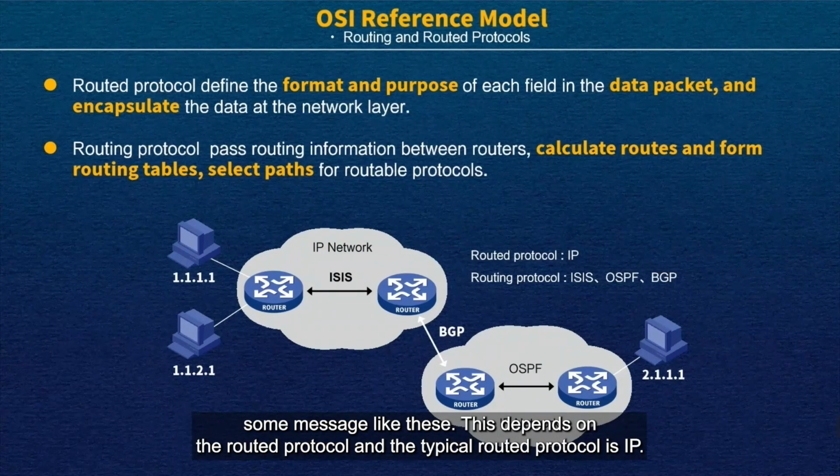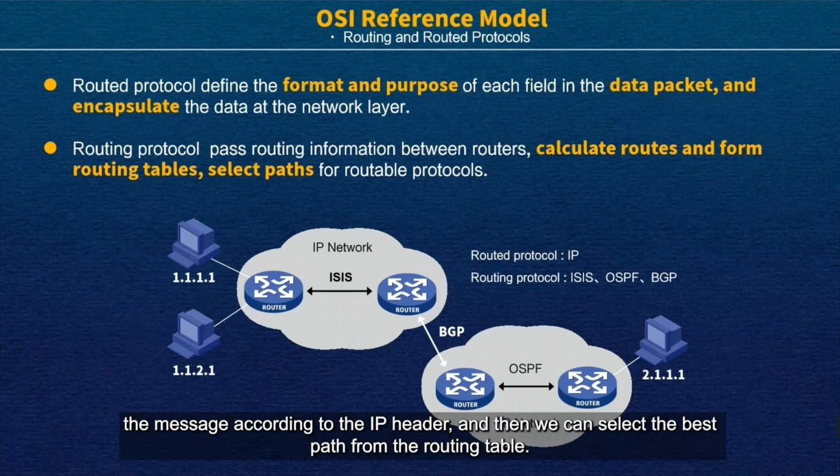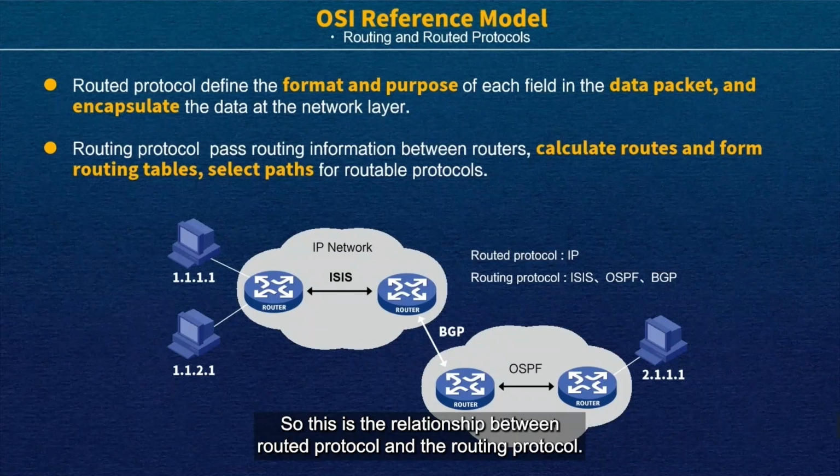This depends on the routed protocol, and the typical routed protocol is IP. So we will see some IP header information. Then all the devices can forward the message according to the IP header, and we can select the best path from the routing table. So this is the relationship between the routed protocol and the routing protocol.